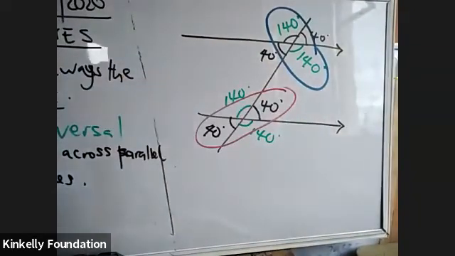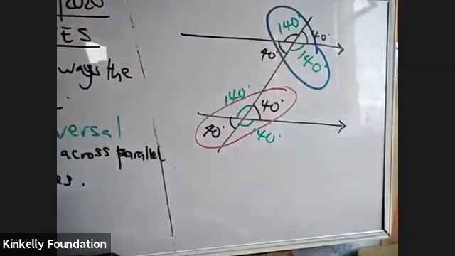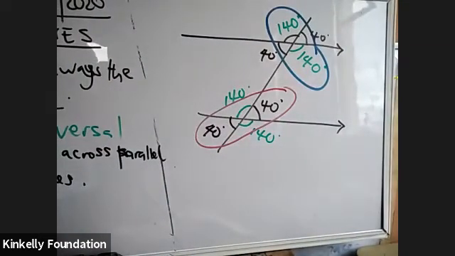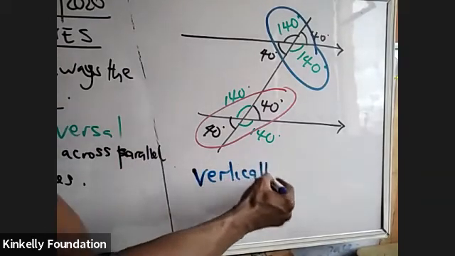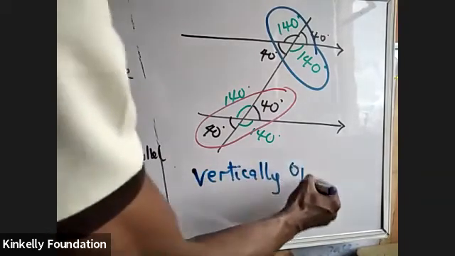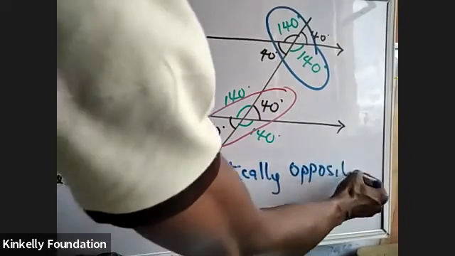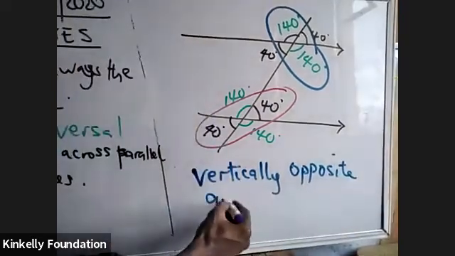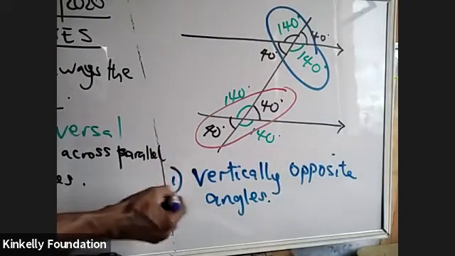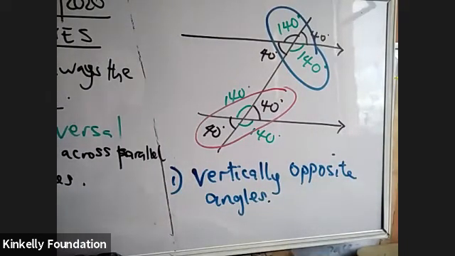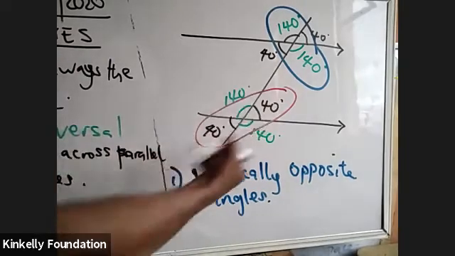Once we have this type of angle, we say these angles are vertically opposite angles. The first one we are noting here is vertically opposite angles. They are formed when lines intersect each other.